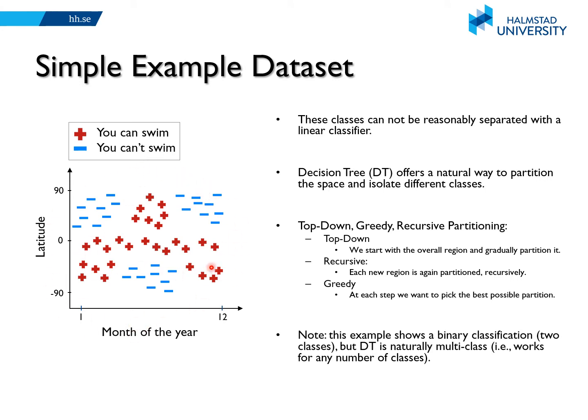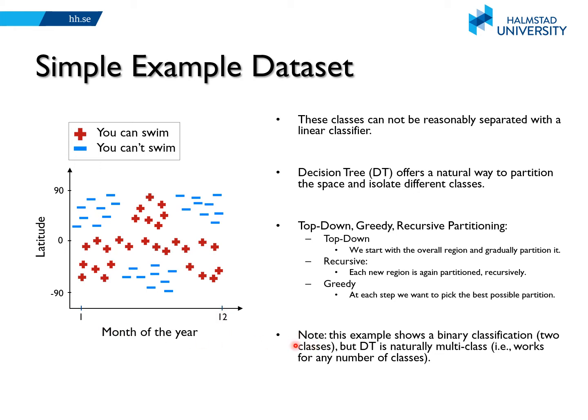And you can see clearly that these classes cannot be reasonably separated with a linear classifier. If, for example, you train a logistic regression classifier on this data, then it will perform poorly. Okay, it turns out that a decision tree offers a natural way to partition the space into different regions and isolate those classes in different regions.